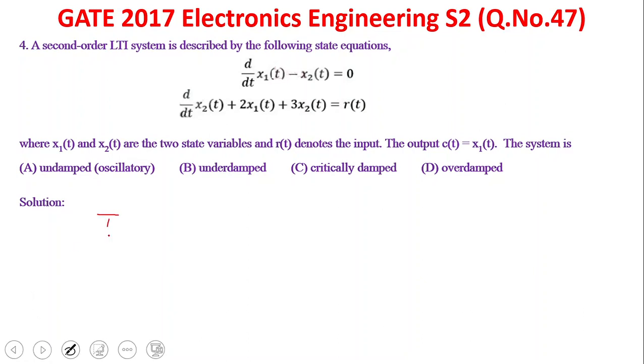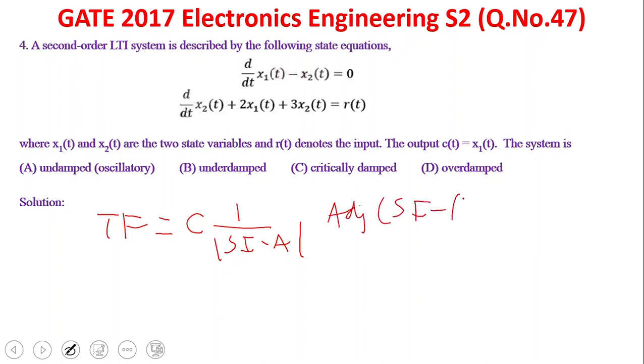It is C into (sI minus A) inverse, which means 1 by the determinant of sI minus A into the adjoint of sI minus A into B, of course plus D. Of course, this D will not come here, because for D, the output should be expressed in terms of input. But the output is expressed in terms of state variables only.